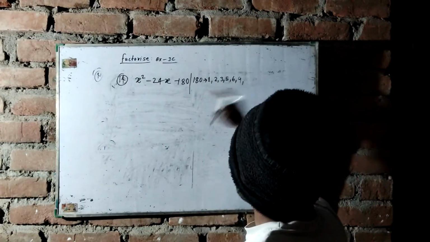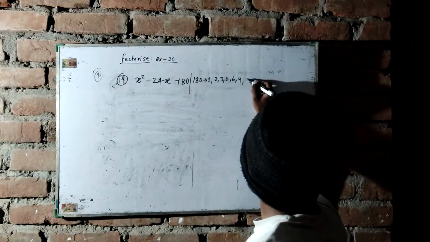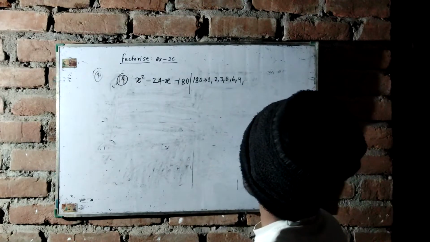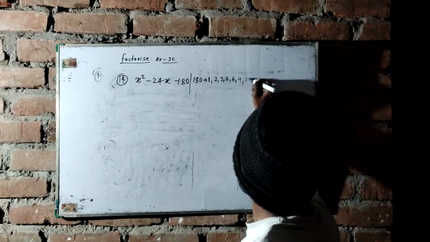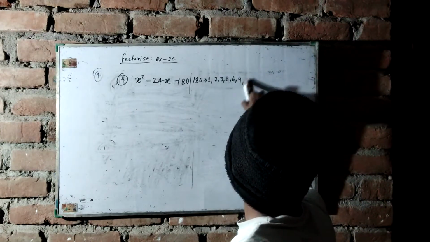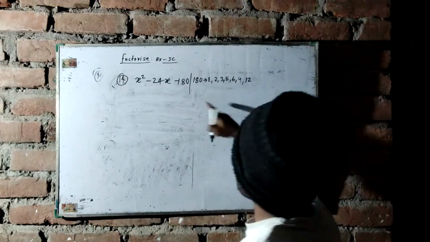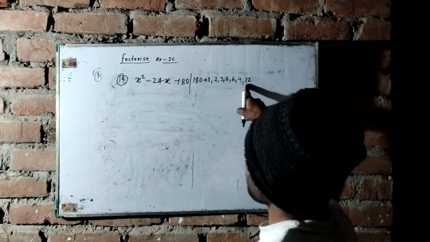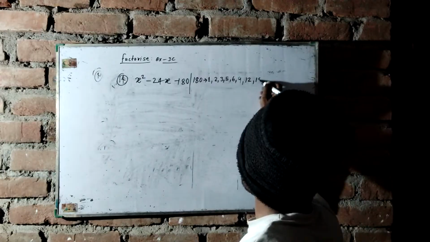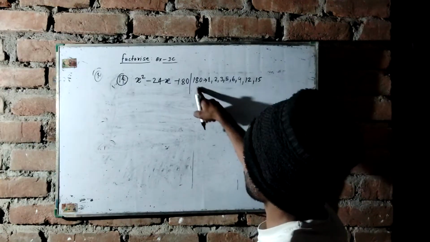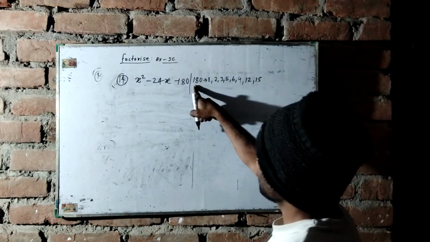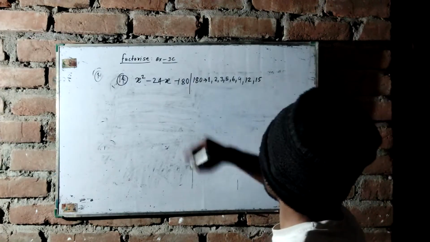Now we can write 15, 12, because 12 divides 180 exactly. So we can write 12 as a factor, and 15 also we can write as a factor because 15 divides 180 exactly without leaving any remainder.